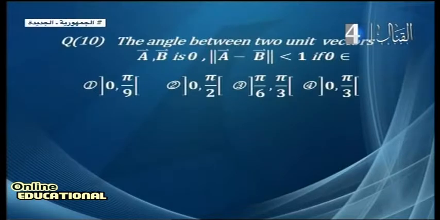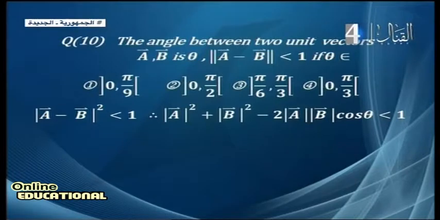We know that, my dear student, if the norm of A minus B is smaller than 1, its square is smaller than 1. Then the norm of A minus B squared equals norm A squared plus norm B squared minus 2 times norm A times norm B cosine theta, and this is smaller than 1.